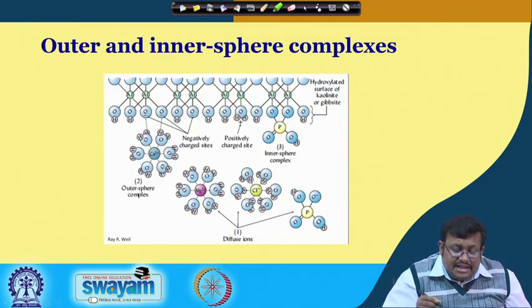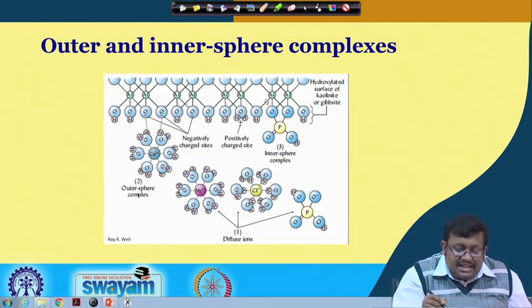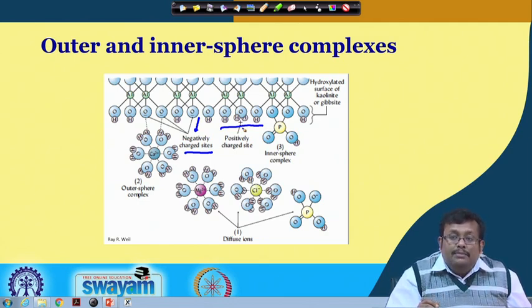This picture shows in a nutshell what inner sphere and outer sphere complexes are. You can see there are two types of surfaces. These are negatively charged sites, where negative charge developed due to isomorphous substitution, and these are positively charged sites, which occur due to variable pH.